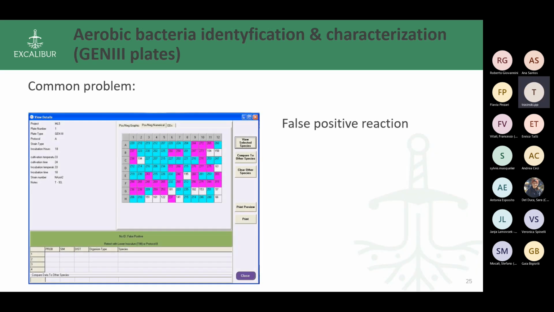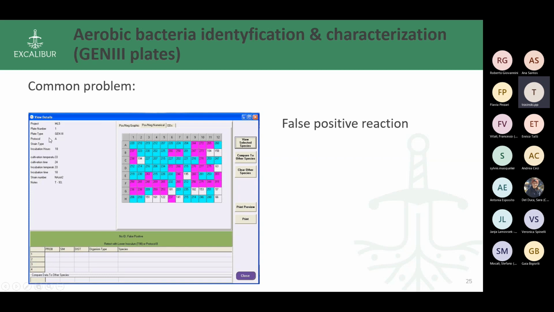So, common problems. The first common problem is the false positive reaction, so a false positive in the negative control. The system informs you about everything. First of all, you can try to use a lower inoculum or change the protocol.